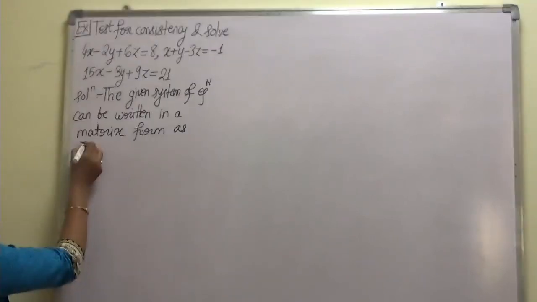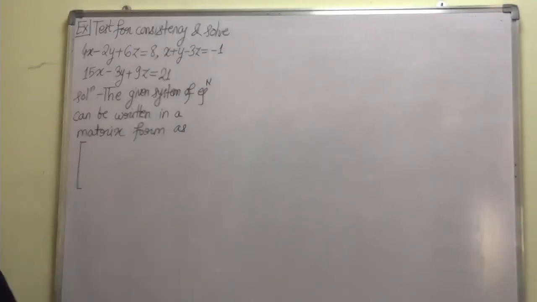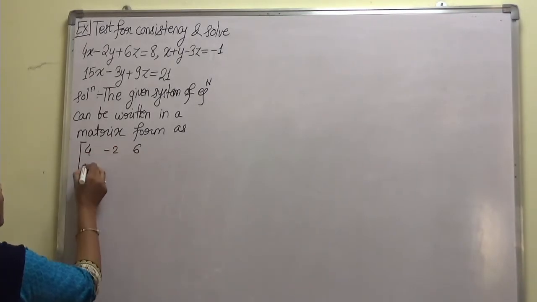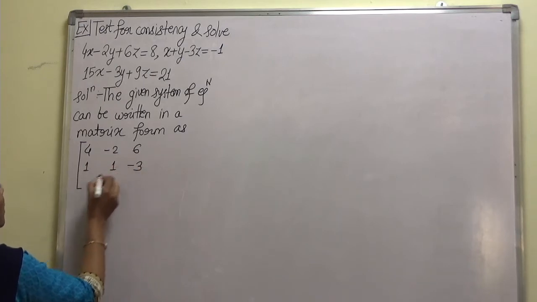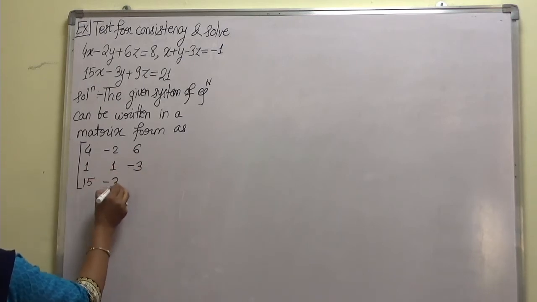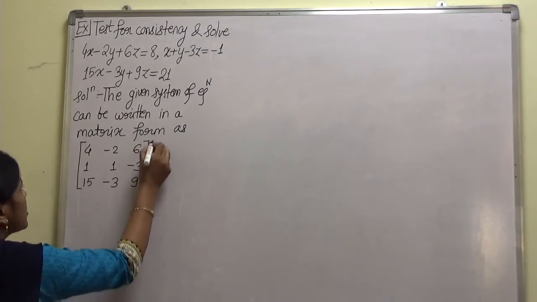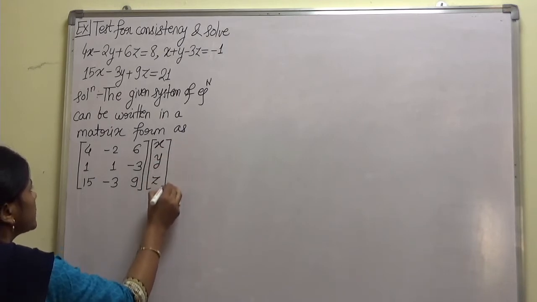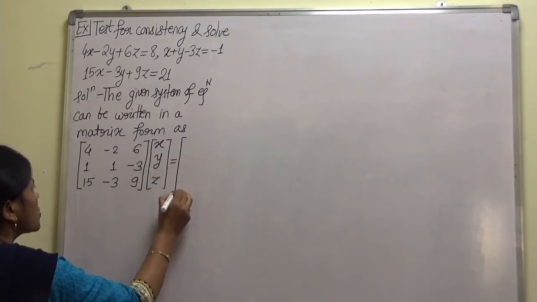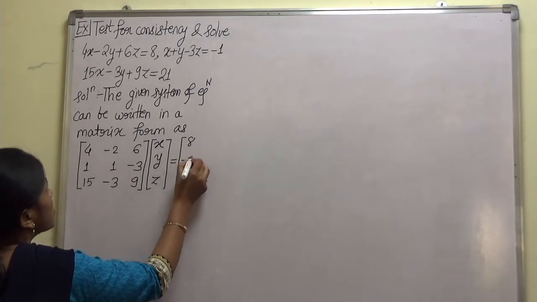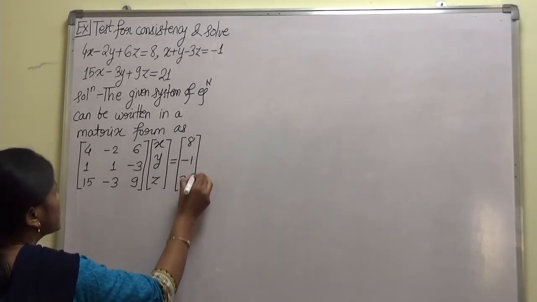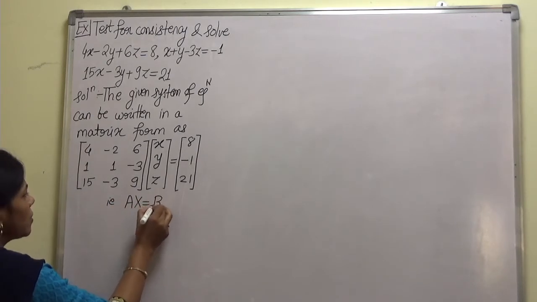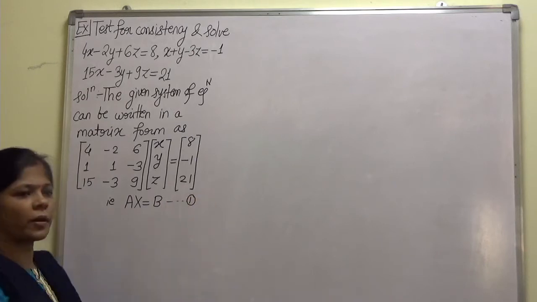Let us first write a coefficient matrix, which will involve the coefficients of the variables, that is 4, minus 2, 6, then 1, 1, minus 3, and then 15, minus 3, 9, into the variable matrix. The variables are x, y, z, equal to a constant matrix, so it is 8, minus 1, 21. So that is Ax equals B. Call it equation 1.